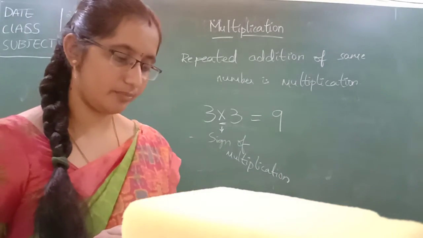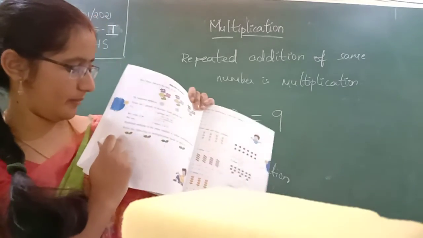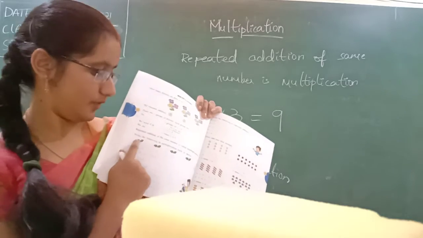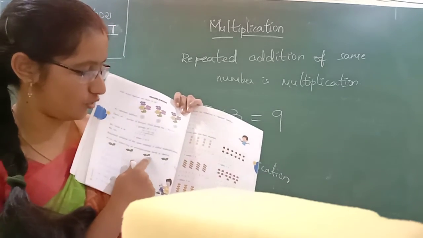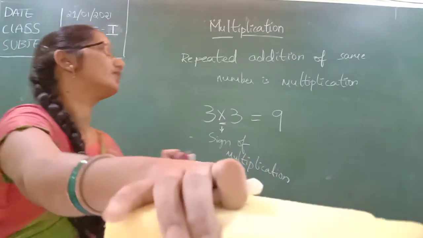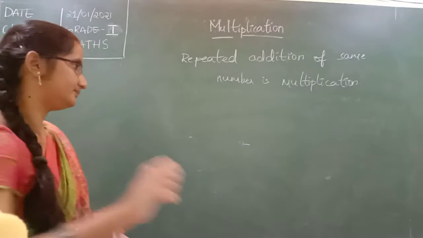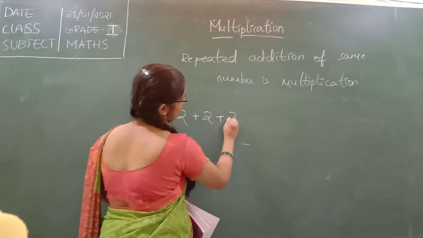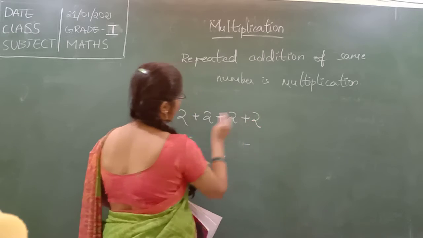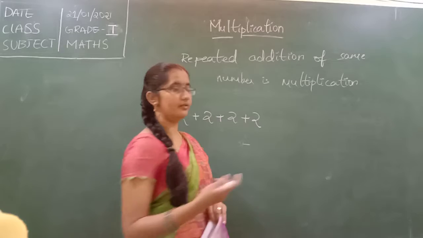Now we have some flowers here. In the first example we have flowers as leaves. How many leaves do we have in each group? 2 leaves. In another group 2 leaves, and 2 leaves. So how many 2's do we have? 2 plus 2 plus 2 plus 2. 1, 2, 3, 4.